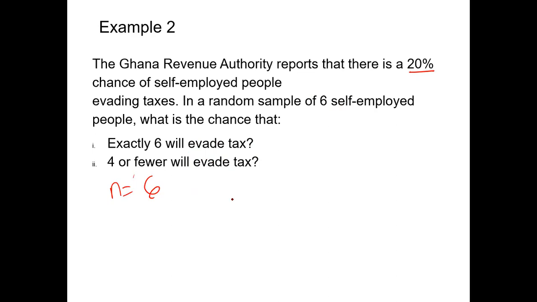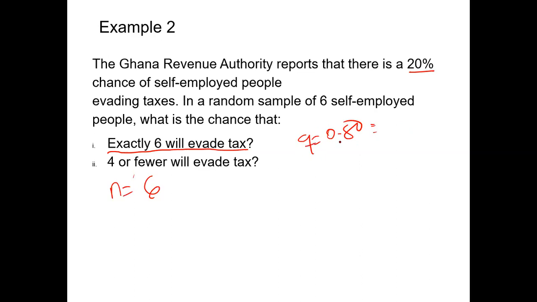That's why I mentioned to you that probability of success is not always something good. It simply means the probability of the requirement of the question. So if the question said, what is the chance that exactly 6 will not evade tax? It means that the probability of 0.80 will now be the probability of success, okay?